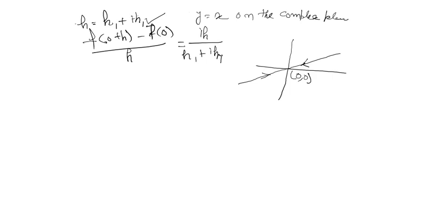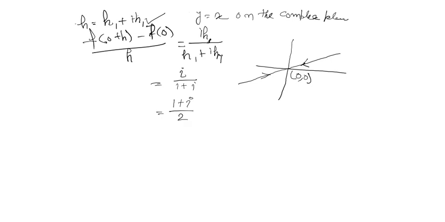And you are checking the increment, f of 0 plus h minus f of 0 divided by h. By the definition of f, you get this, and some more calculation will give you h1 i divided by h1 times 1 plus i. If we simplify this, ultimately you will get 1 plus i divided by 2.